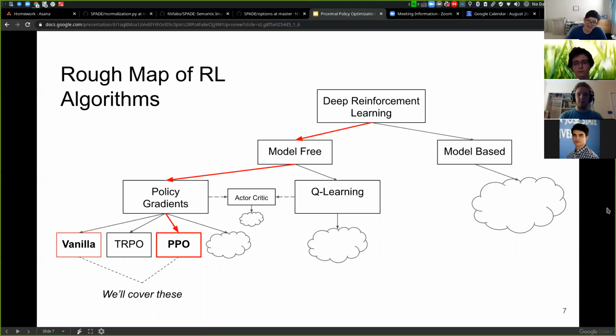So when we say model, that means the agent is learning a model of the world. So it's basically learning the probability, like if I take a particular action, what's going to be the next state. It's a model of the world. And this is different from model free, because in model free, we're not learning a model. We're simply updating what we do without really knowing what's going to happen next.